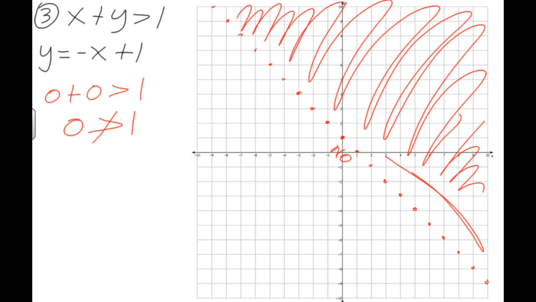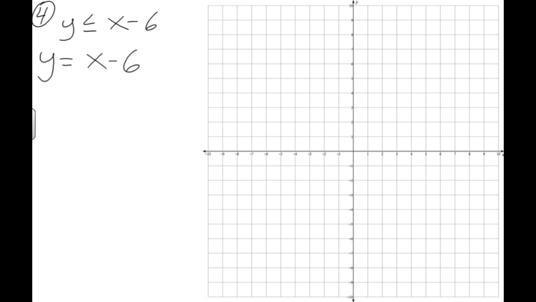Moving on. Now remember, you can always pause and rewind and go back to check things over if you didn't understand it as I went through it the first time. Sometimes it might take 2 or 3 times before you understand. Here, graphing this, I have an intercept of a negative 6. And I have a positive slope. I have it also where it is equal to, so I can do a solid line.